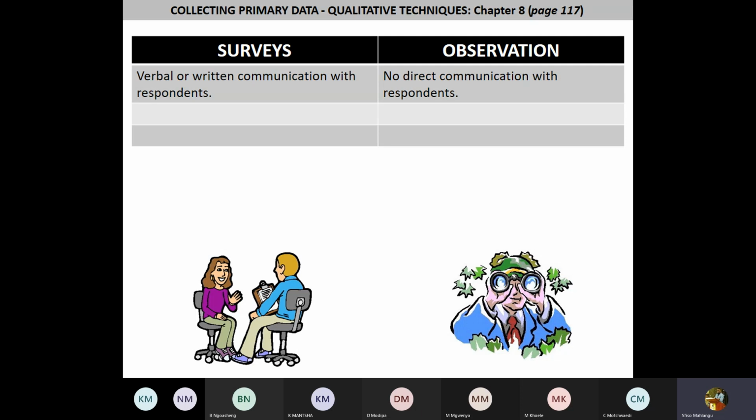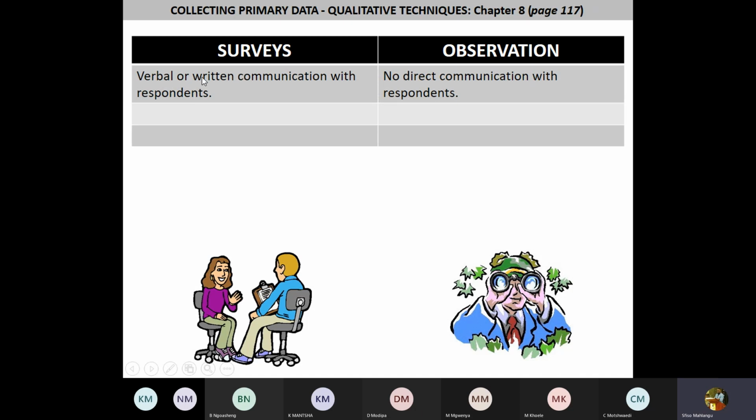You can highlight the first sentence in the paragraph: the communication method known as surveys involves collecting data from selected individuals through verbal or written communication. So the key element here is that there must be some communication with the respondents. That communication can be verbal, and can also be written.